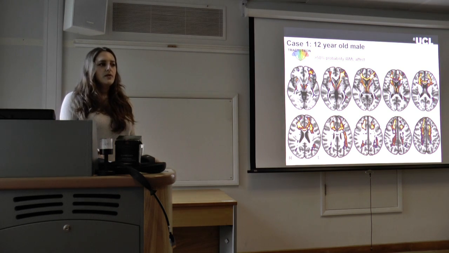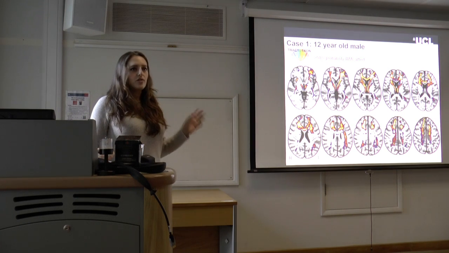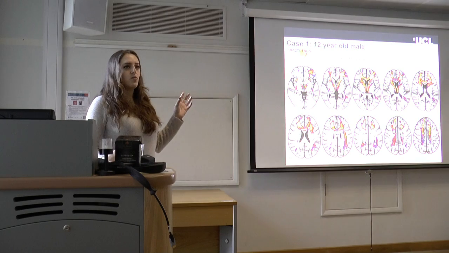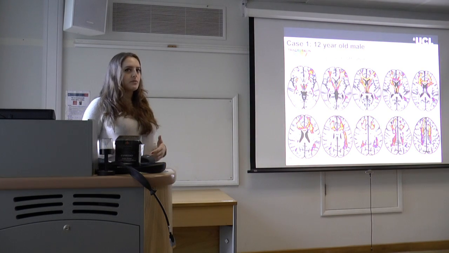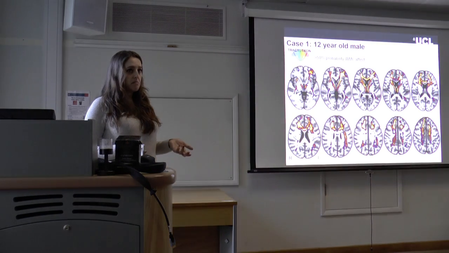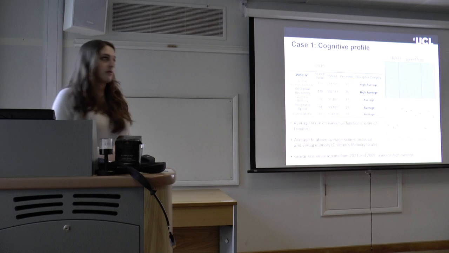So if you would guess from what I said before about children with silent infarcts and IQ, and looking at these maps and what you would expect from their cognitive profile, perhaps would be somewhat impaired, maybe? No? Okay. Well, if you thought that, you'd be wrong.